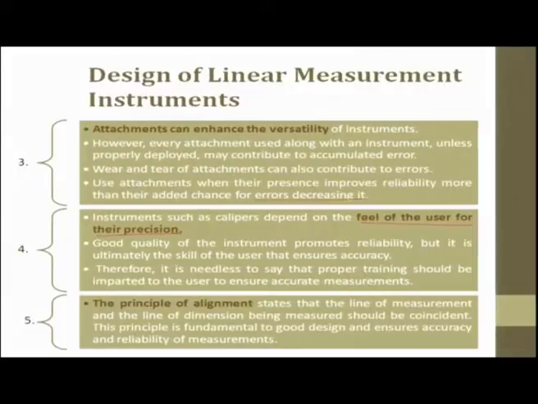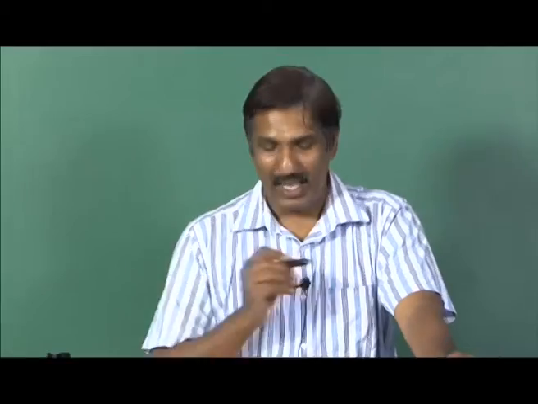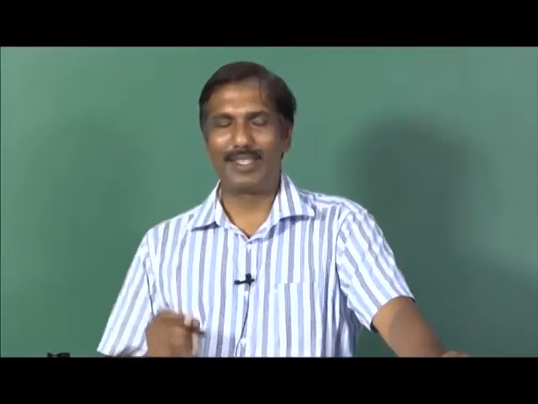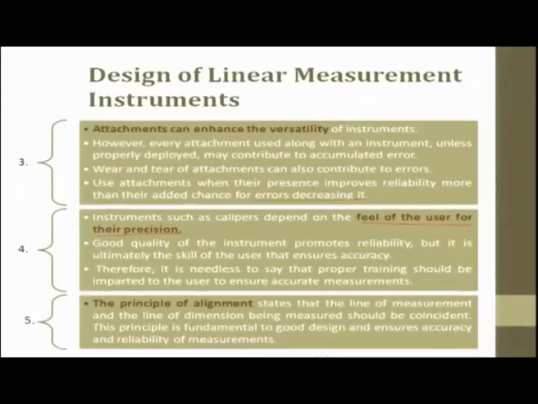The principle of alignment, which is very important. There is something called as Abbe's error. The principle of alignment states that the line of measurement and the line of dimension being measured should be coincident. This is a very valid point. If the lines don't coincide, then there is a small angle which gives you a different value.